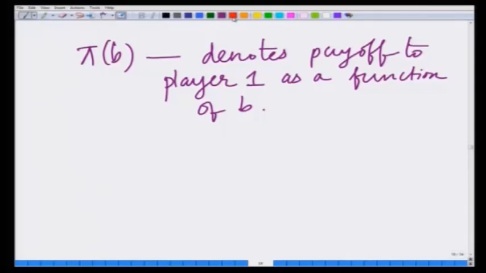Either player 1 wins the auction, which means his bid B is higher than the bid B2. So, let us consider the first scenario, that is, player 1 wins the auction.